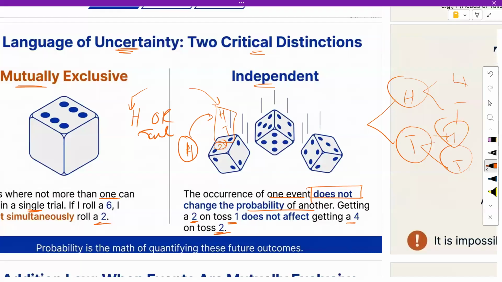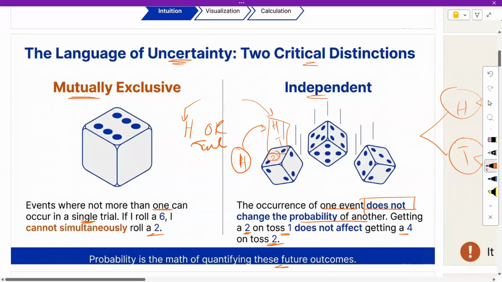Probability is the method of quantifying these future outcomes. So, mutually exclusive and independent: keep in mind, these are not opposite things.